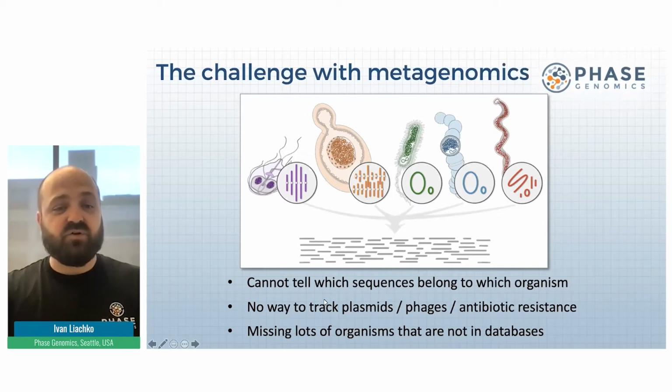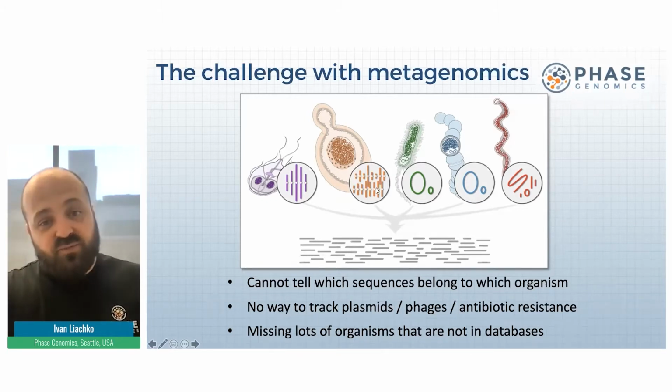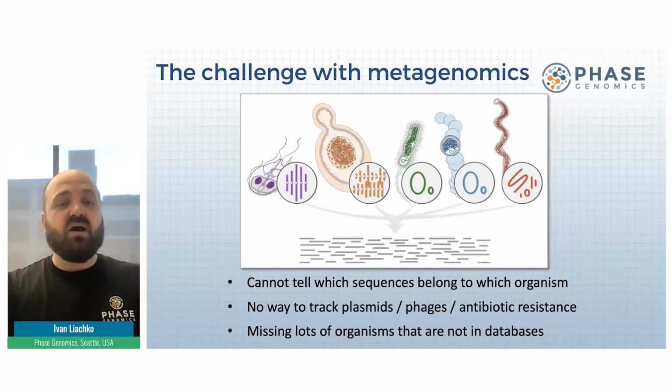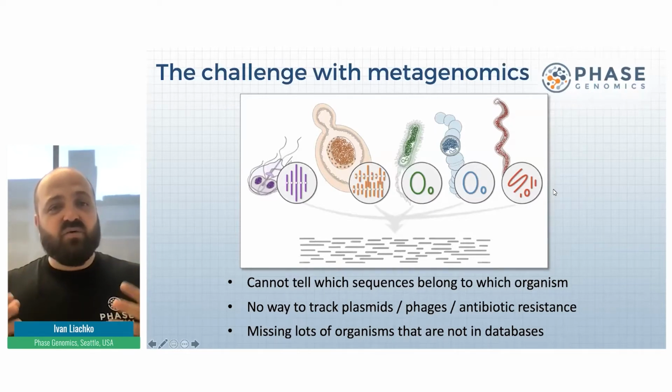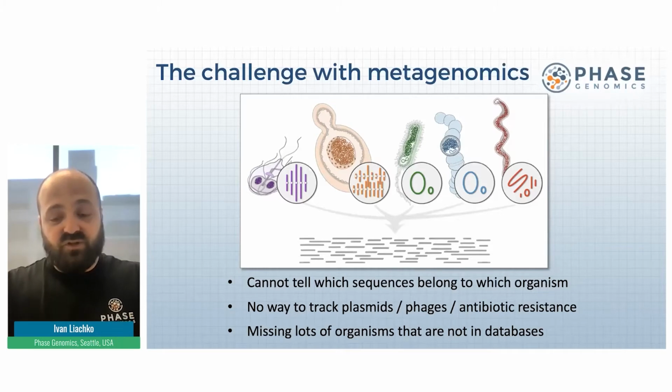So it's very difficult to know which sequences belong to which organism. It's very difficult to track mobile elements like plasmids and phages because they're often not part of a genome. If you have multi-chromosomal genomes, it's very difficult to know which chromosomes belong to which organism. And so, without having the bugs in databases, it's very difficult to reconstruct them de novo.